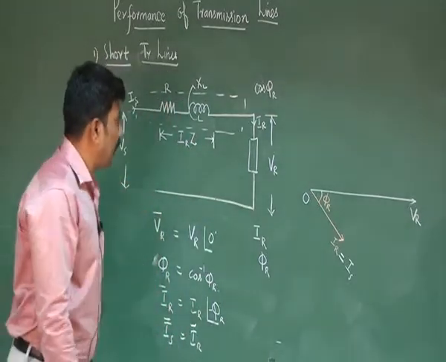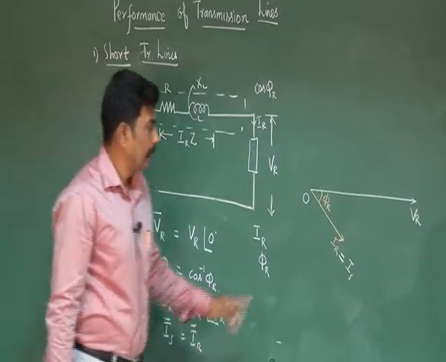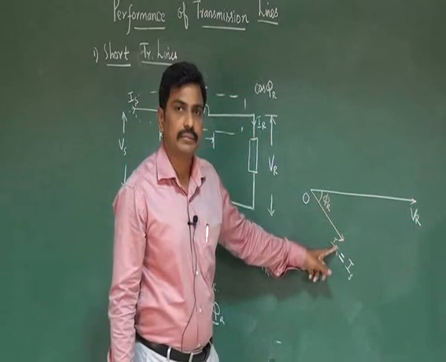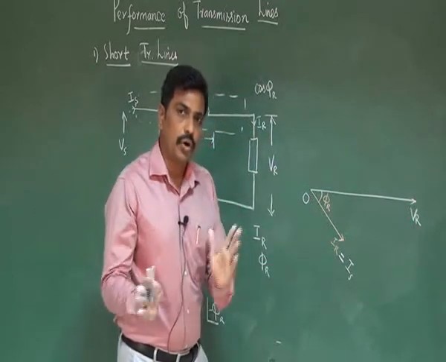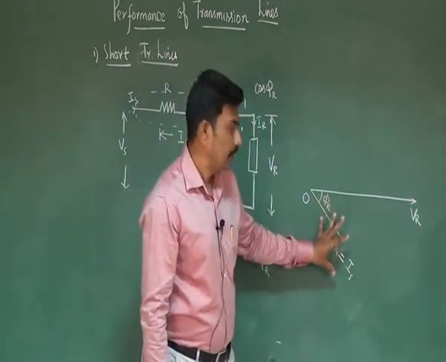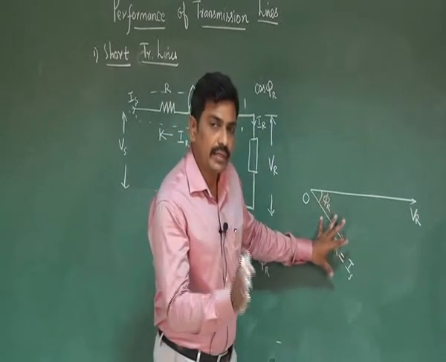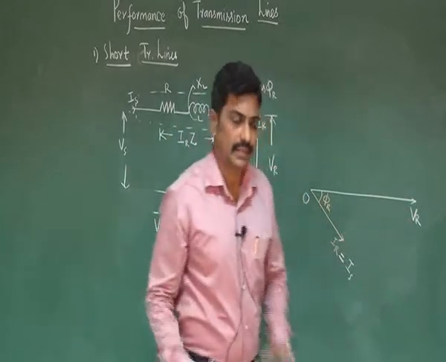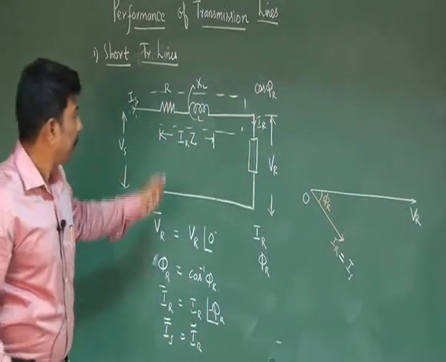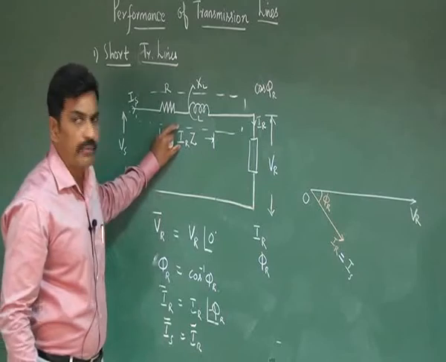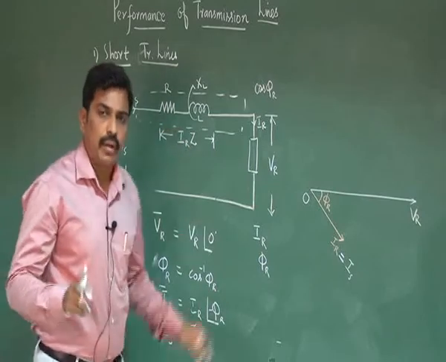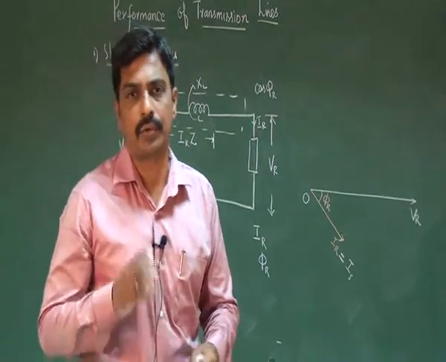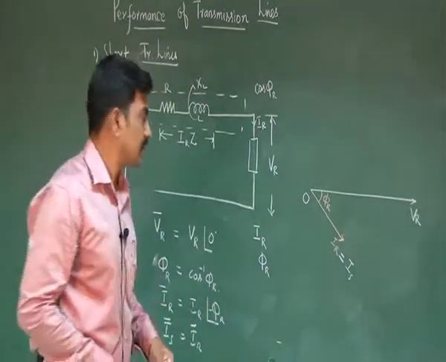Now here I would like to make one point: this one is a voltage vector, this one is a current vector. Always combine the current vectors together, and always combine the voltage vectors together. That is the more important point, right. Now how do you plot the voltage drop vector? The voltage drop comprises two voltage drops. One is mainly because of resistance and another is because of inductive reactance.